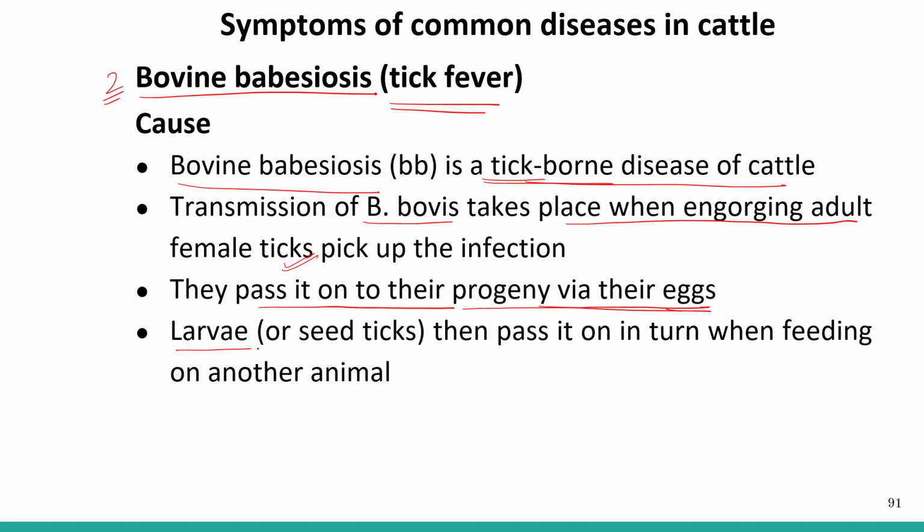So the larvae or the seed ticks then pass it on in turn when feeding on another animal. So these larvae or seed ticks pass it from one animal to another.